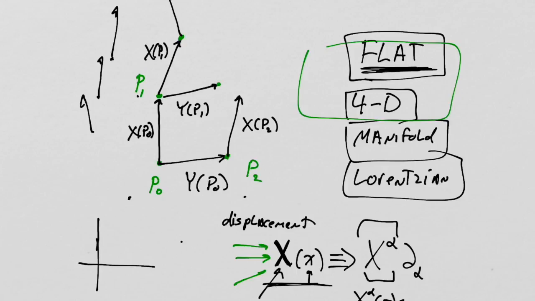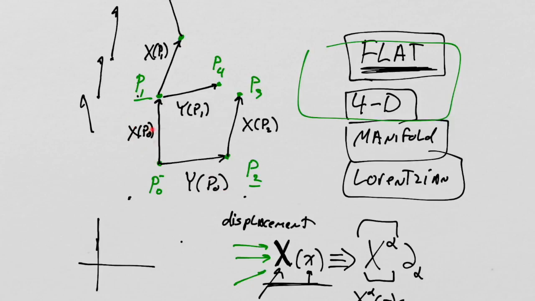And that lands us at another point, which we'll call P0 to P2 to P3, and then P0 to P1 to P4, right? Because the vector field at P0 and P1 are not necessarily the same, in other words, the value of the vector field at P1 and at P0 are not the same.